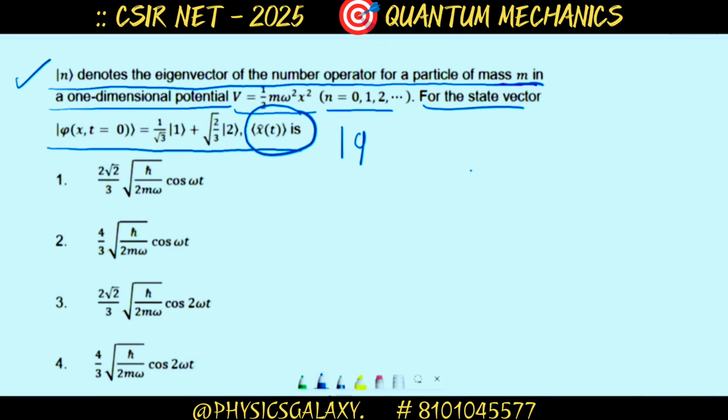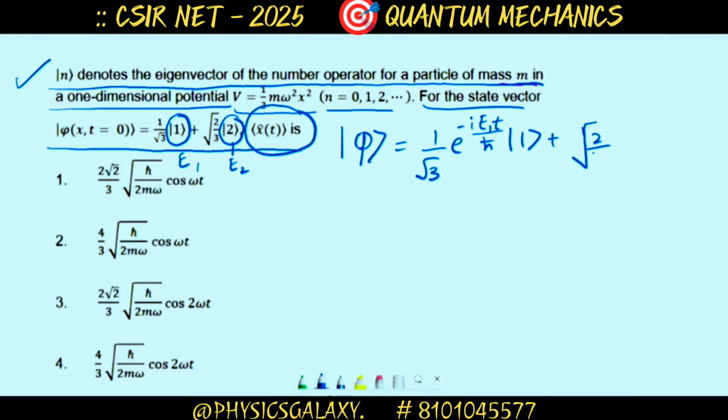So at any time t, phi will be given as, if I am assuming that this state has energy E1 and this state has energy E2, then my state function at any arbitrary time will be equal to 1 by root 3 e to power minus iota E1 t by h cut |1> plus root 2 by 3 e to power minus iota E2 t by h cut |2>. Okay, and I just need to find the expectation value of x.